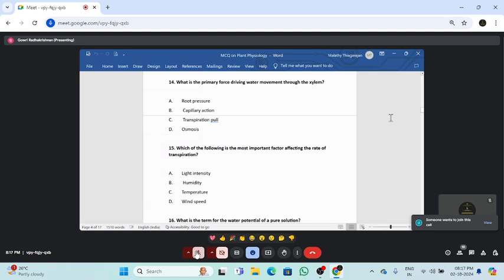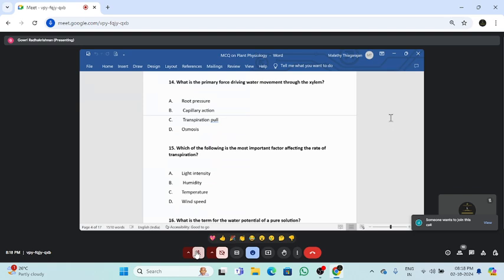14. Which is a primary force driving water movement through the xylem? How does the water move through the xylem? You should be knowing this answer quickly.